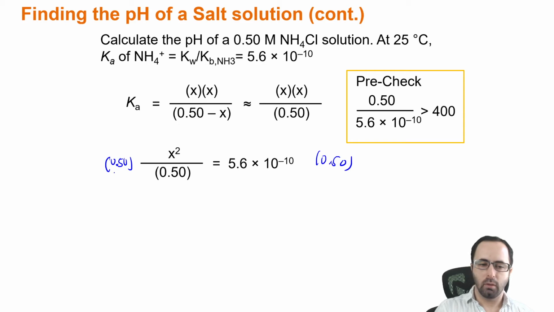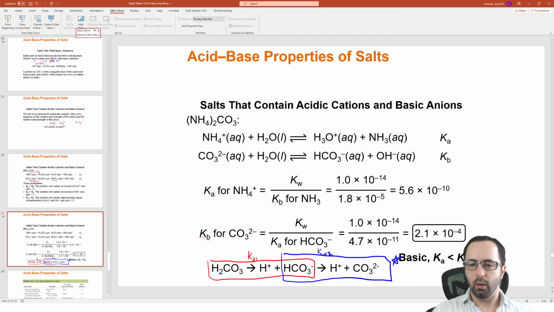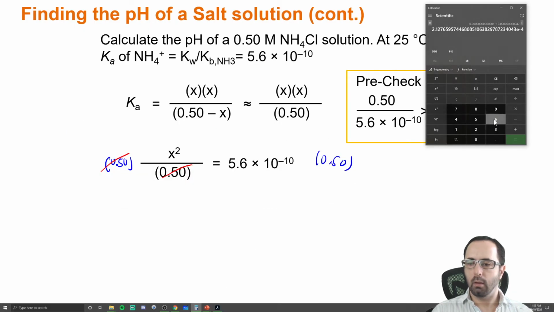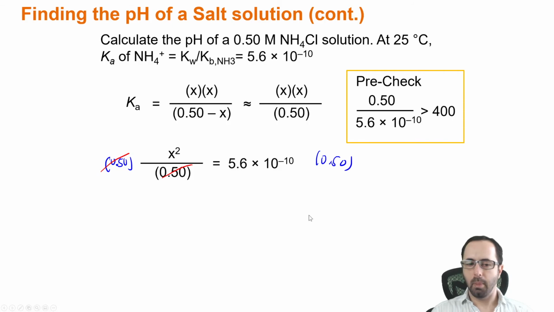So that's going to cancel the 0.5 here. And if we plug in 5.6 E minus 10 times 0.5, we get 2.8 times 10 to the minus 10. And that equals x squared.